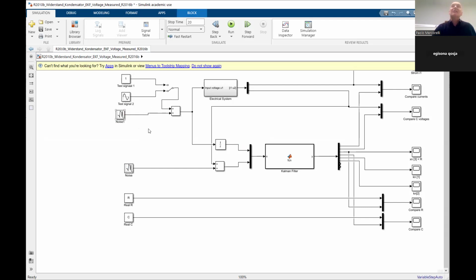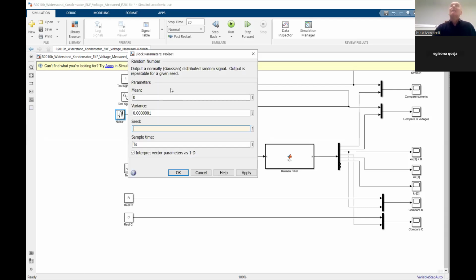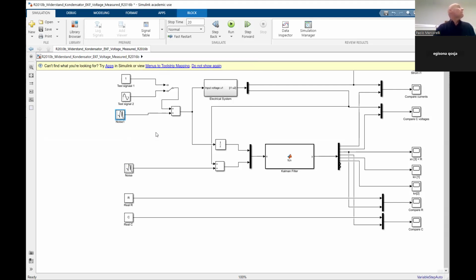Here, if I change the seed, not the same seed, now we have a different noise. In our course, I'm considering Gaussian noise.